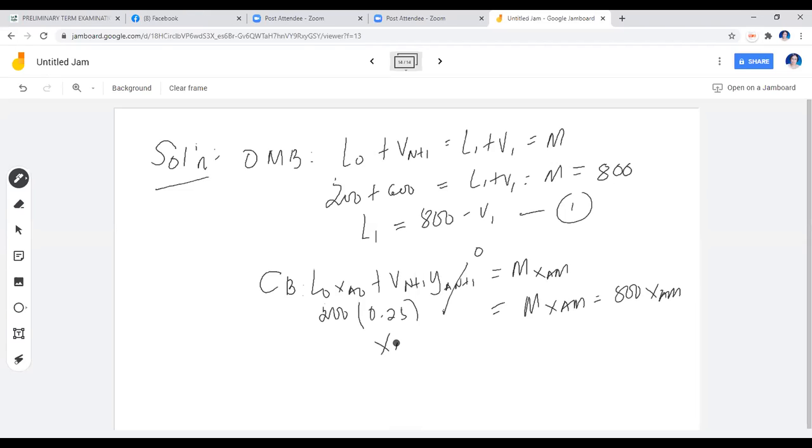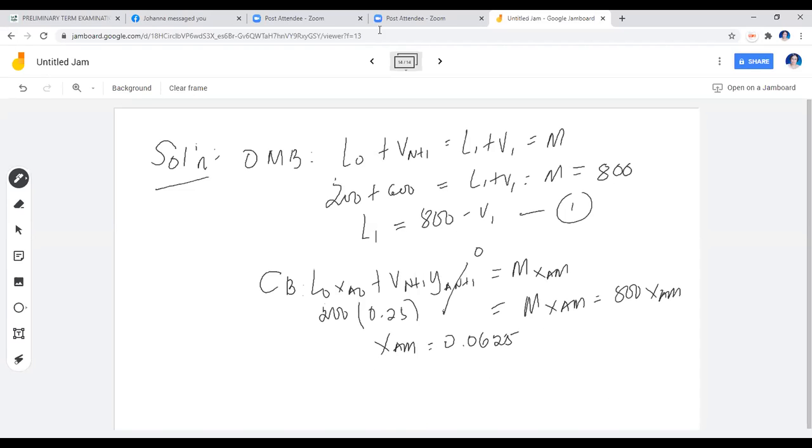So that gives me an XAM of 200 times 0.25 is 50, divided by 800. So that would be 0.0625 for the A. You can do C also if you want. But anyway, we already have the A.